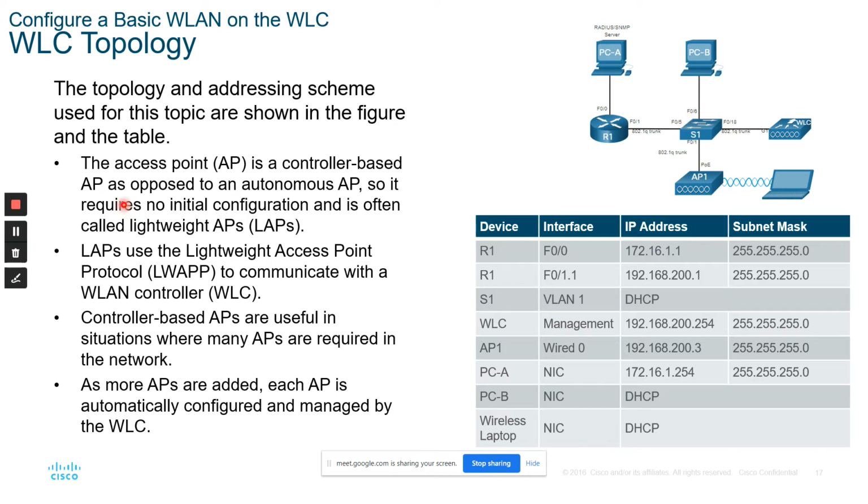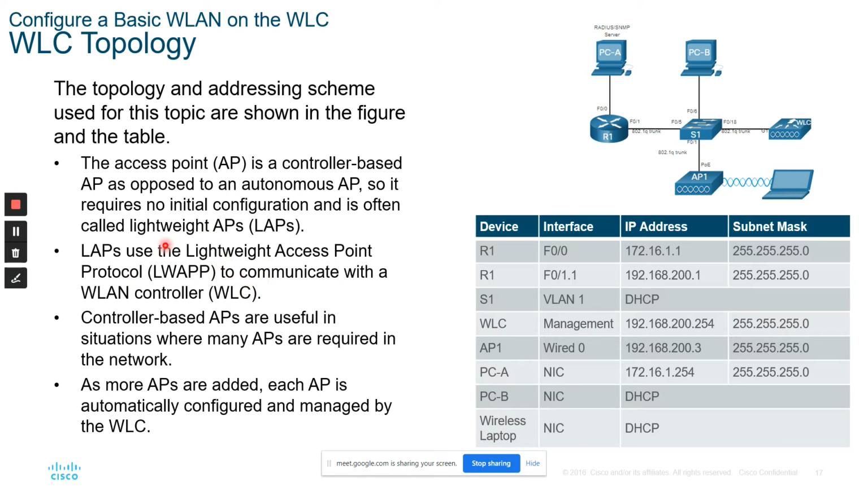The access point AP is a controller-based access point. Controller-based means we do not need to configure it; it configures automatically, and they are also called LAPs, which is lightweight access point. The LAP uses a protocol called LWAPP, the Lightweight Access Point Protocol, to communicate with the wireless LAN controller, the WLC.